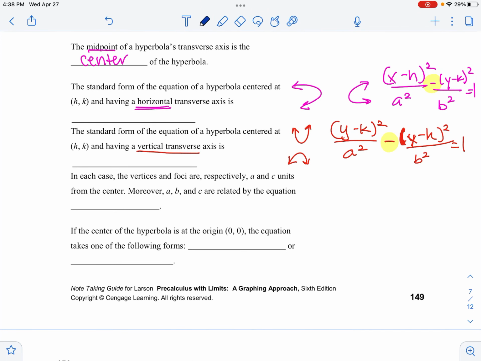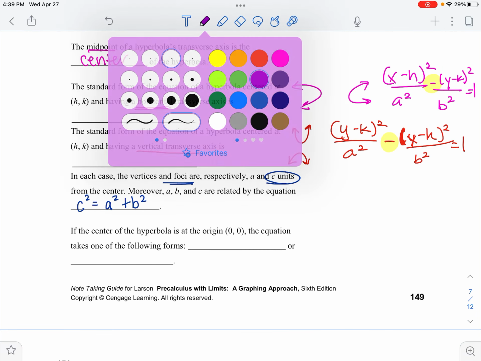And then also, in each case, the foci are c units away from the center. This is similar to an ellipse where the foci are c units away. But the difference is that the formula, instead of c squared equals a squared minus b squared like the ellipse, is c squared equals a squared plus b squared. Okay, so ellipses are minus, but the hyperbolas are plus.